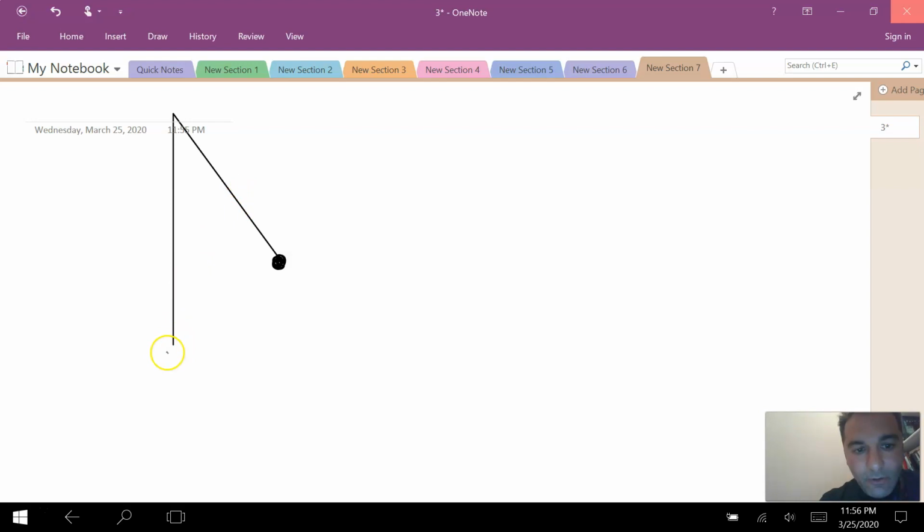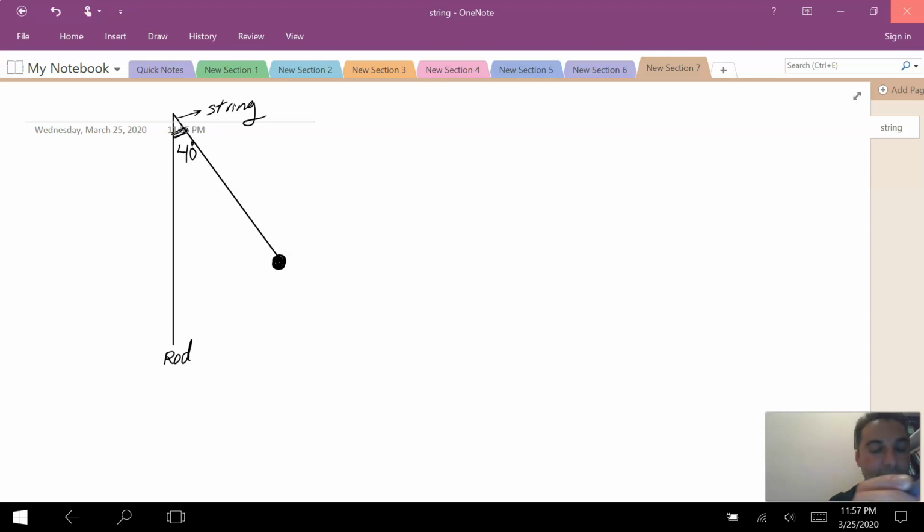And this is a rod, and this one is the string, and this one is the ball. Now, this ball rotates around the rod and it makes a 40 degrees angle. So this angle theta is 40 degrees.